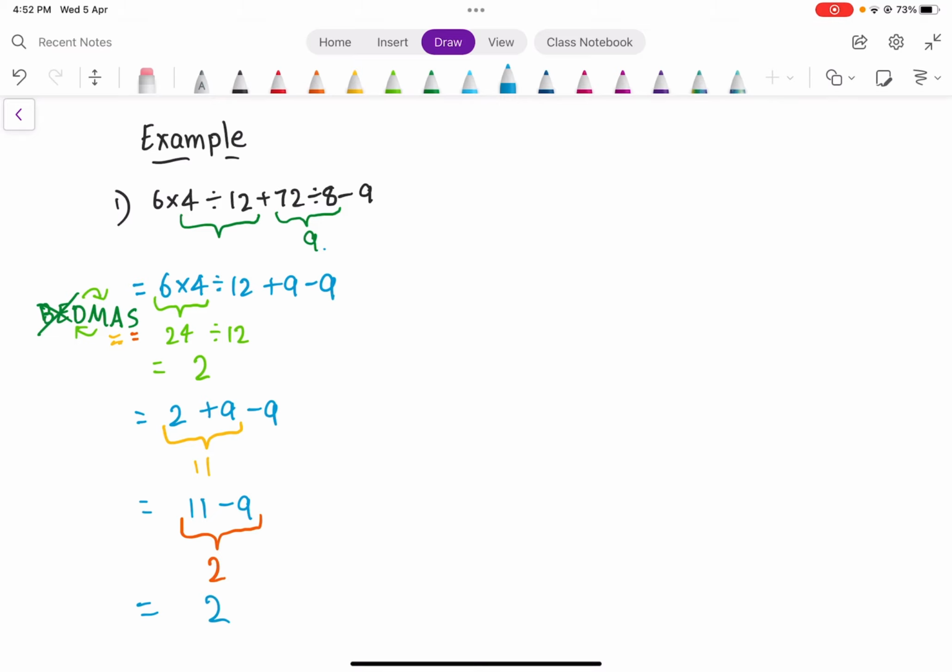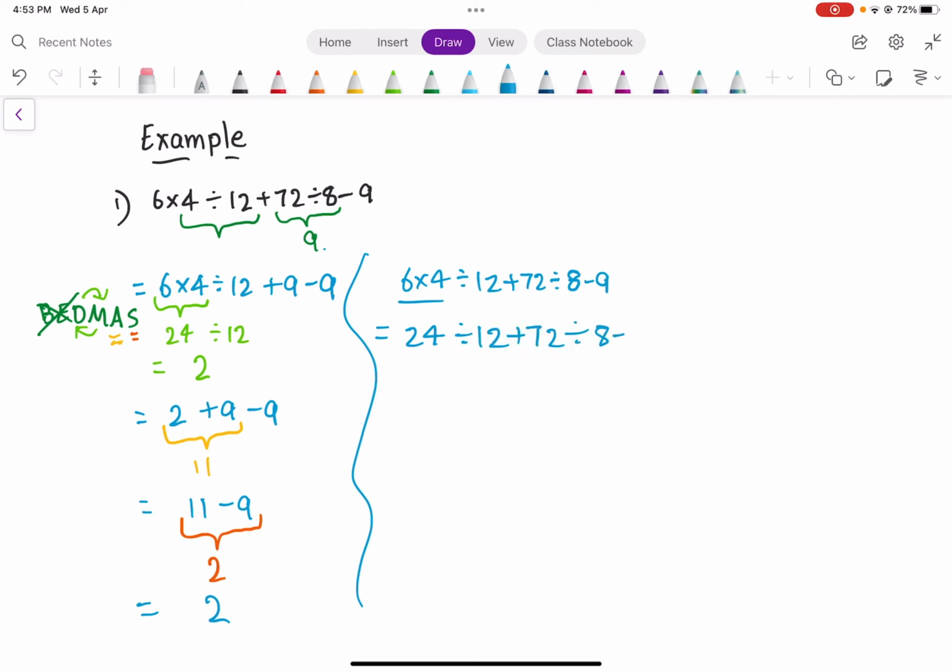Let's redo this one more time. I'll make this super quick. 6 times 4 divided by 12 plus 72 divided by 8 minus 9. 6 times 4 is 24 divided by 12 plus 72 divided by 8 minus 9. 24 divided by 12 is 2.